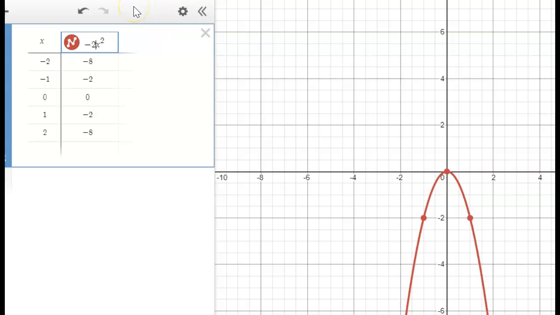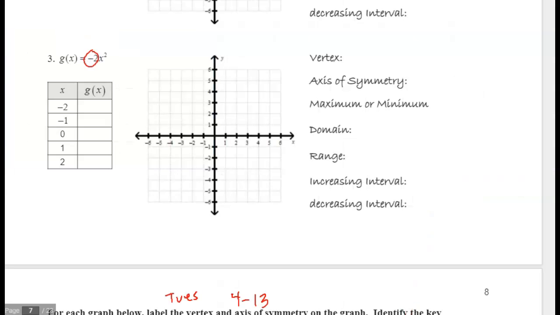You can see now that it goes upside down. Negative 8, negative 2 are my numbers: negative 8, negative 2, 0, negative 2, negative 8. So I got dots there and there. And then it goes off the page.